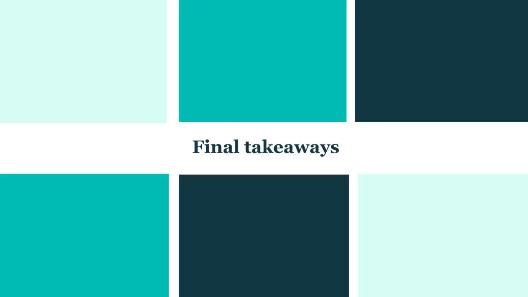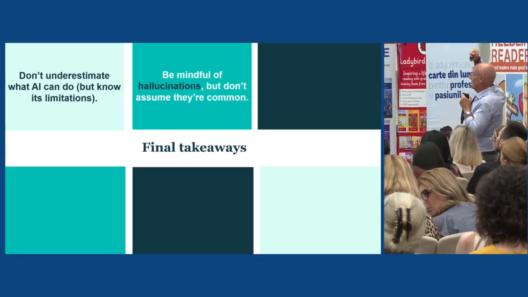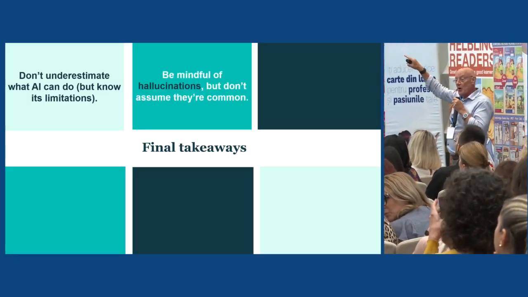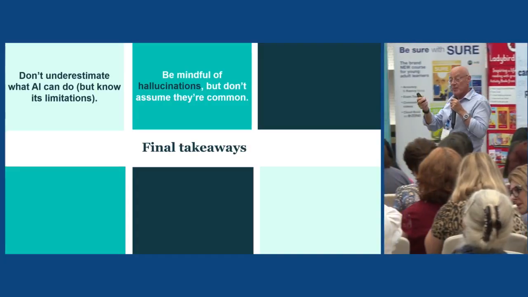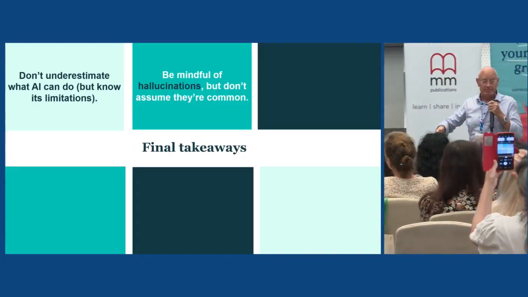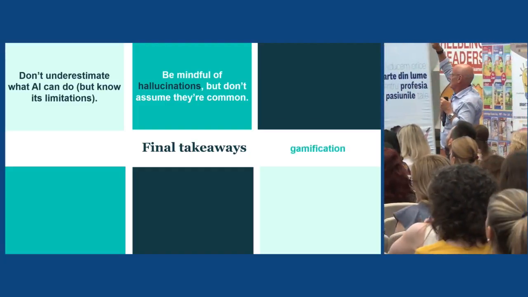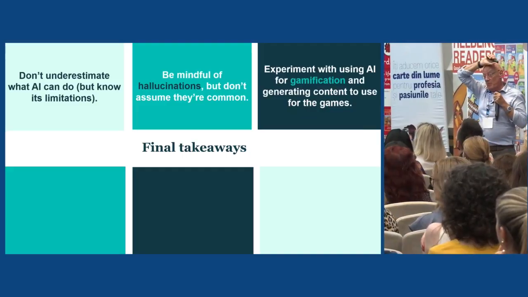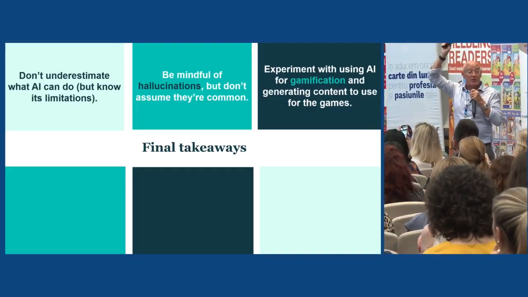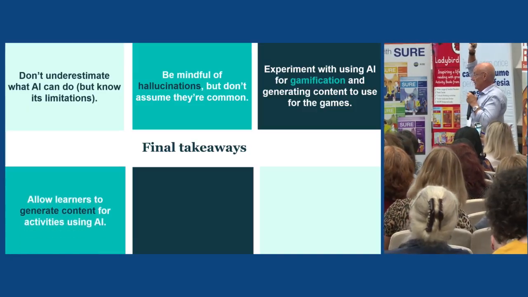So, final takeaways. It's brilliant, but, yeah, and we've talked about the buts. We haven't mentioned the word hallucinations, but hallucinations, basically, when we're talking about AI, it means wrong information, yeah? But they're not very common, so don't worry too much. Experiment with it, play around with it, find out what it can do to help you, because everybody will get different bits from it.